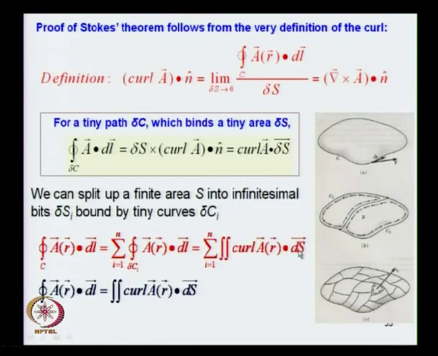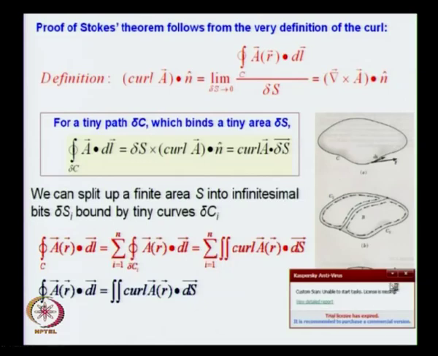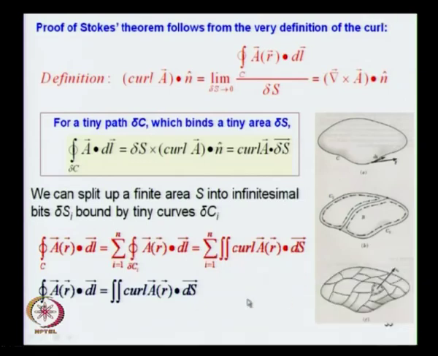So it is a very simple proof, and essentially you have this net result now, that if you take the dot product of curl of a vector along this surface element and integrate, because when you carry out these summations from i going from 1 through n of all these small elements and let n tend to infinity, then in the limit this sum will generate the corresponding integral. Okay, it will generate the corresponding surface integral.